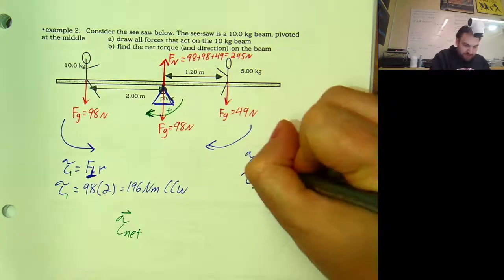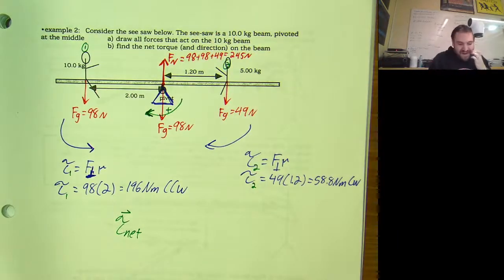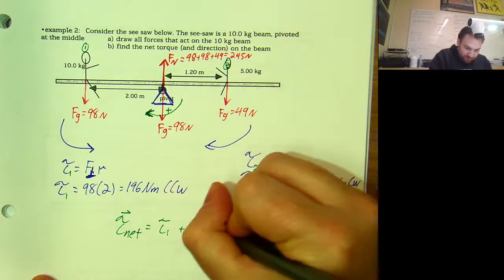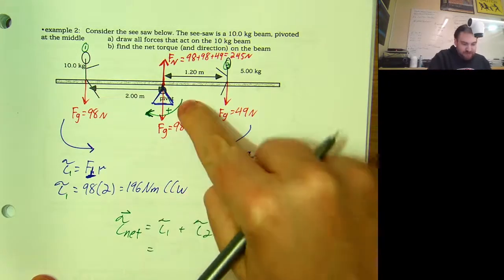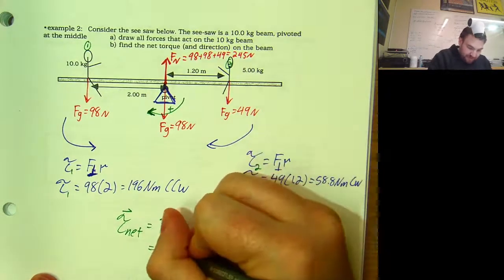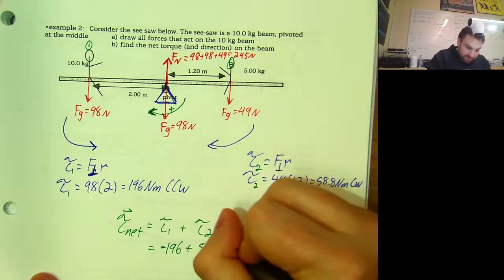That's 1, that's 2, so this is person 1, this is person 2. So my torque net is going to be torque 1 plus torque 2. Well, torque 1, if clockwise is positive, is going to be negative. This is going to be negative 196 plus 58.8.